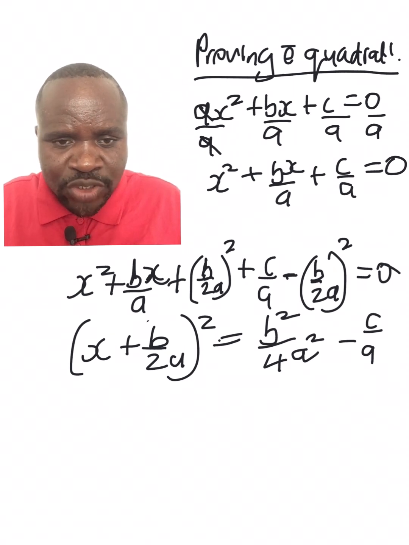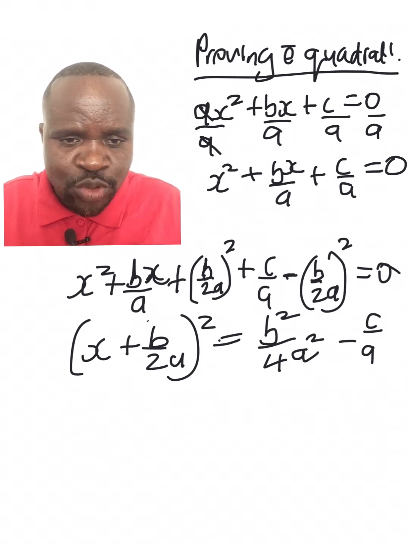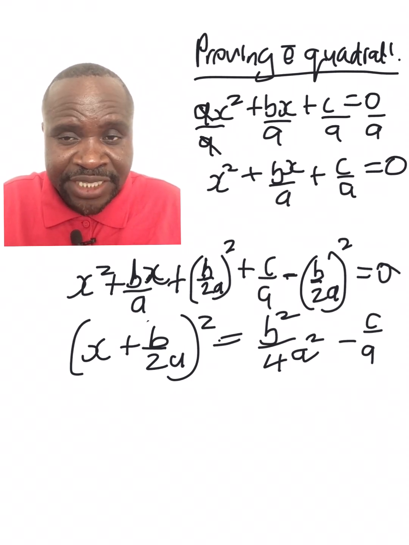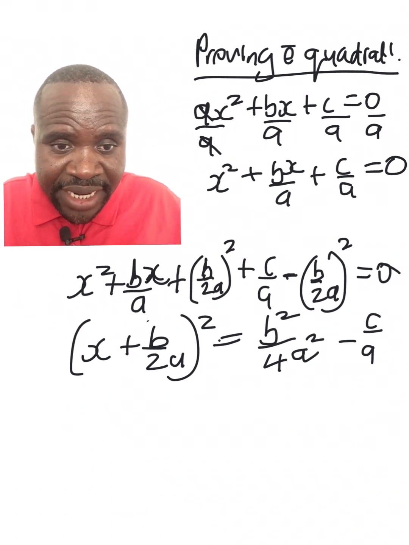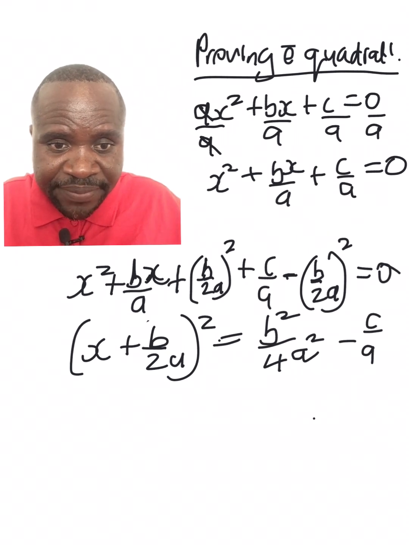And now what we want to do is to deal with this expression on the right-hand side. What is the common denominator? Sorry, the common denominator is 4a squared.